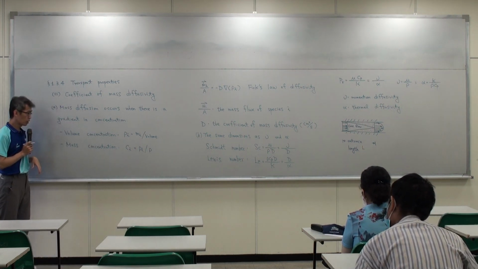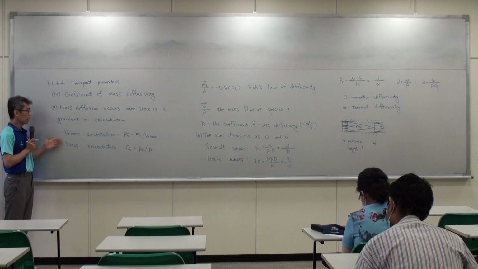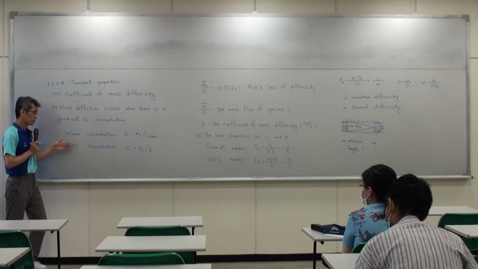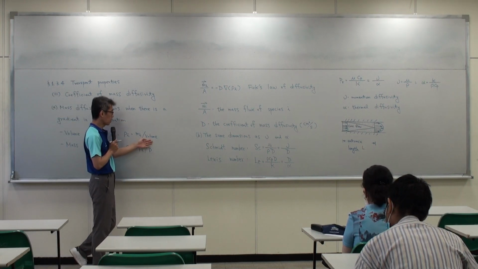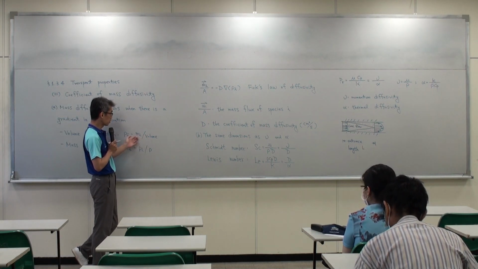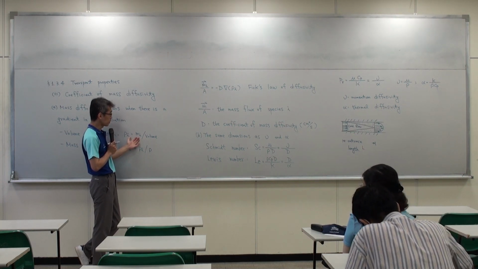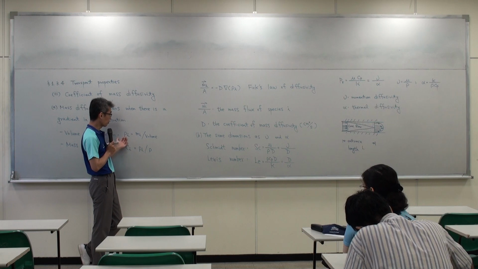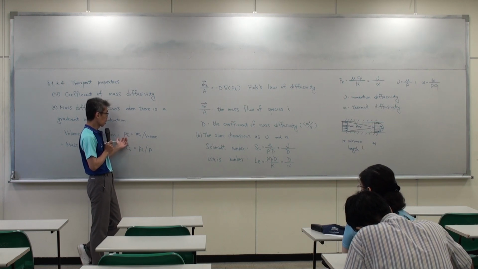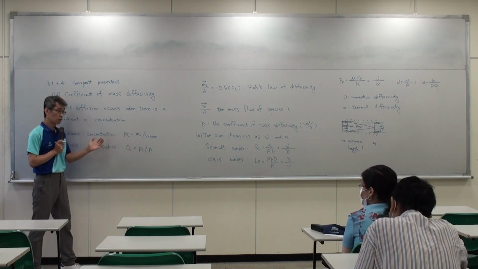So this concentration, sometimes they will represent as a volume concentration. So this volume concentration is like the total volume, and in this space, how much mass is in this space, then we will have species density.